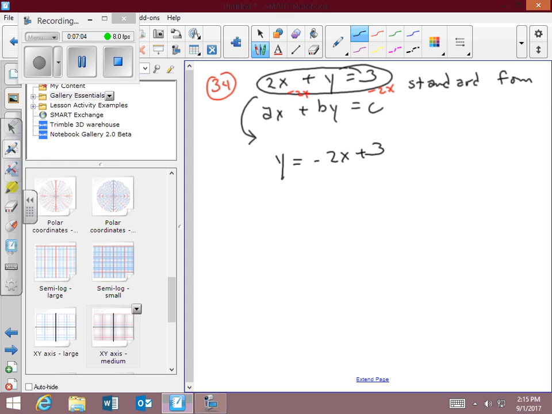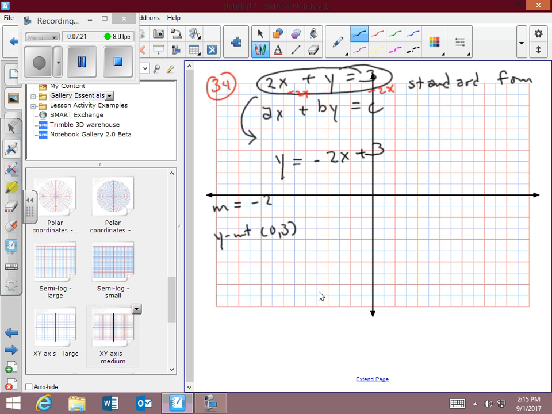And my slope is negative 2, and my y-intercept is 0, 3. With that information, I'm ready to graph it. So 0, 3 is right up there.